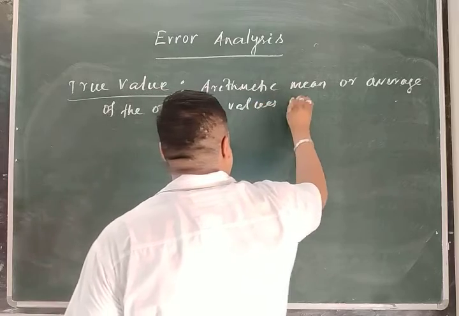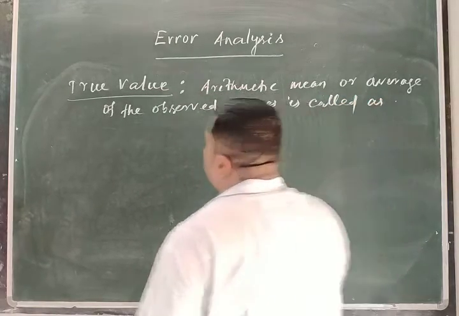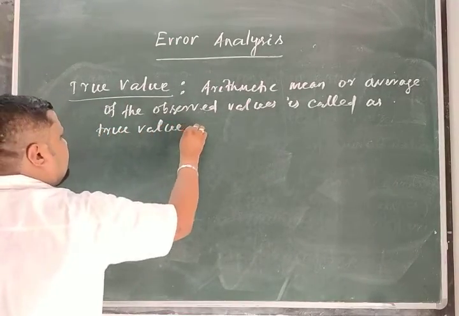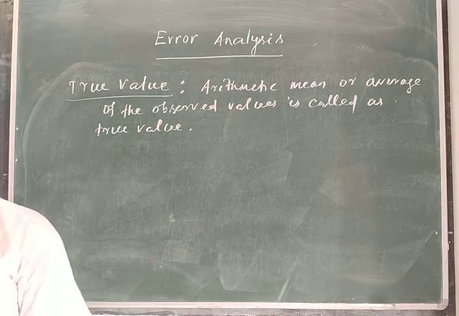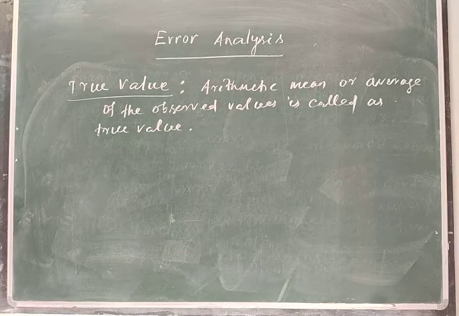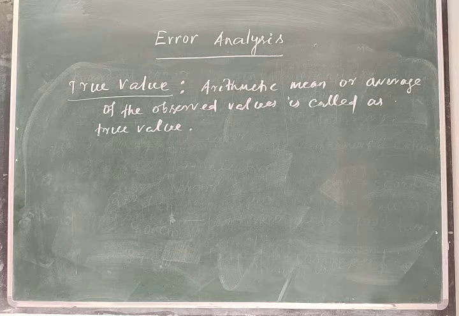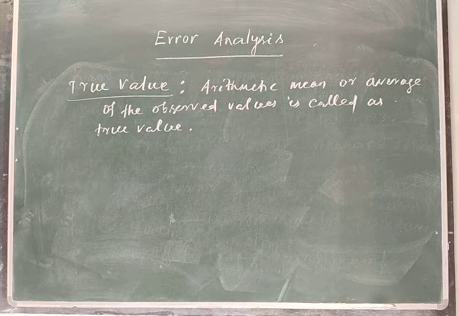The arithmetic mean or average of the observed values is called the true value in the random error.